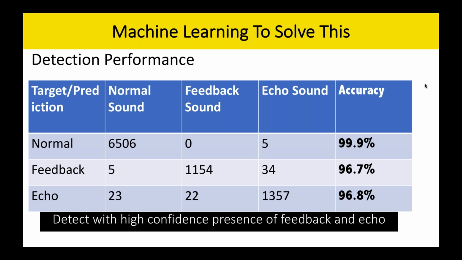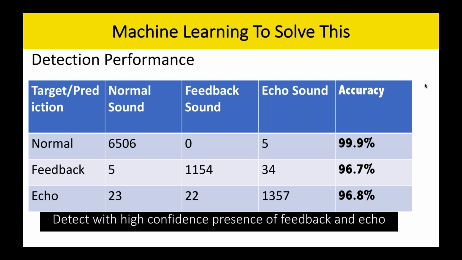So basically, this slide shows you, out of the three states, the normal, the feedback, and echo sound, we're able to detect, out of about 6,000 normal sounds, mostly correct, with 5 mistakenly as echo sound. So that's nothing being mistaken as feedback sound. And for all of the feedback waves, there's a total of almost 1,200 audio clips labeled as feedback sound.